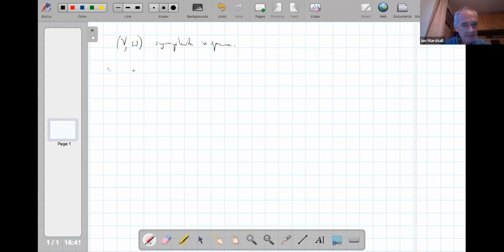As we are suggested, we should choose a vector in here, just any vector, exactly like in Gram-Schmidt. Gram-Schmidt usually gives you a little bit more information, but never mind. This is a minimal version of Gram-Schmidt.